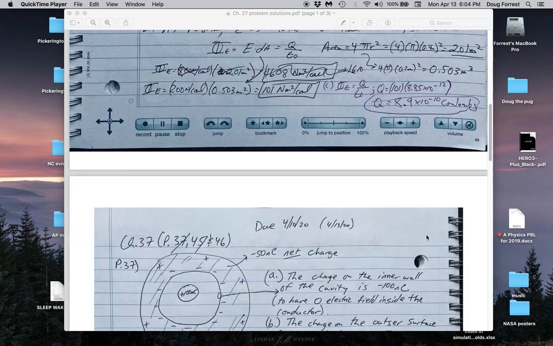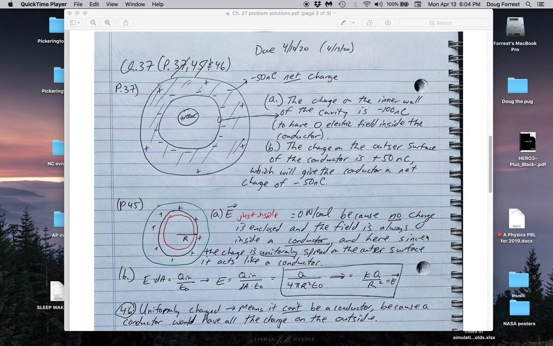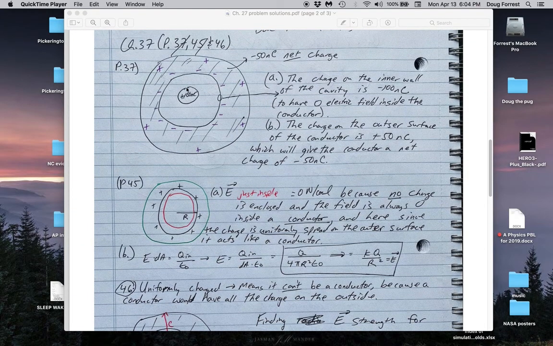Okay, so for problem 37 here, we've got a plus 100 nanocoulomb charge, hollow area here, and then this one here is going to have a, let's see here, I think it was a negative 150 nanocoulomb charge.